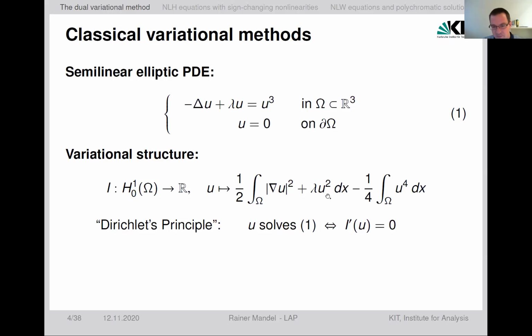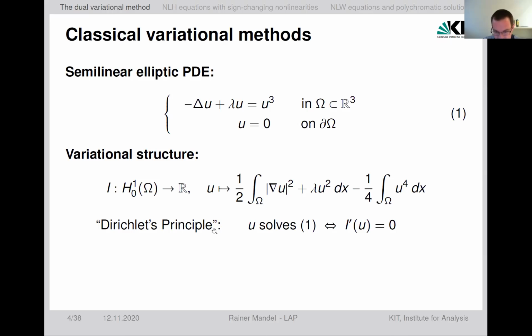The first part of the functional generates the left-hand side of the equation. The second part generates the right-hand side of the equation. And the boundary condition is contained in the choice of your space. And a nonlinear version of Dirichlet's principle tells you, okay, if you want to solve this equation 1, you just have to find a critical point of your functional I. And actually, it goes the other way around as well.